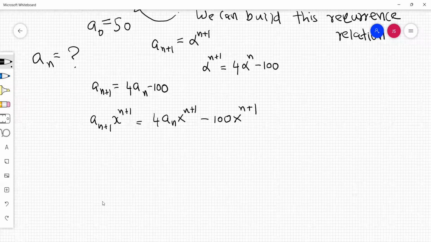Then take the summation from 0 to infinity.